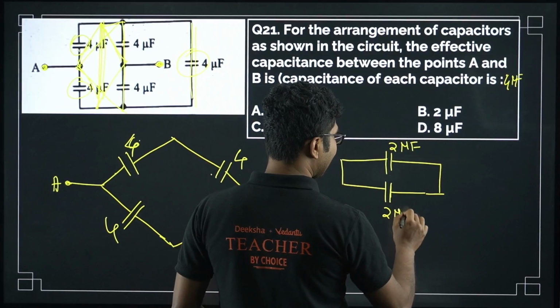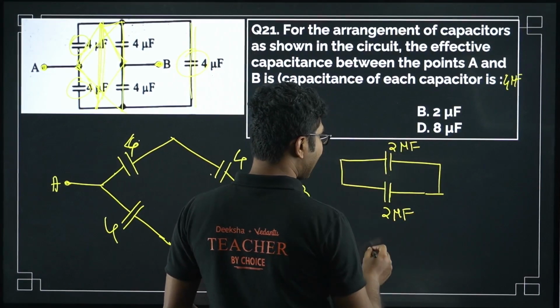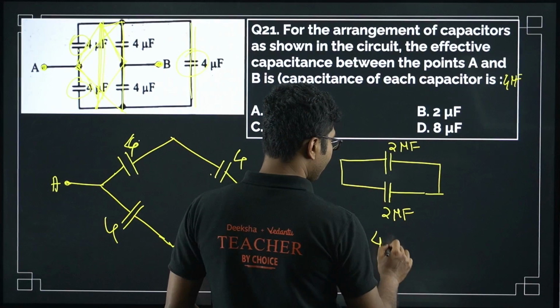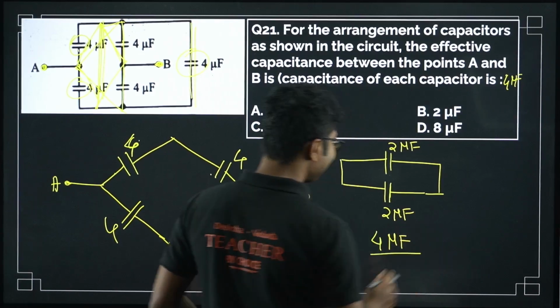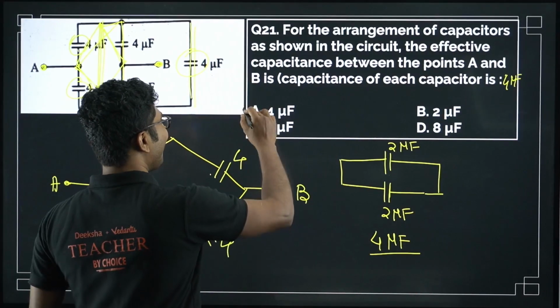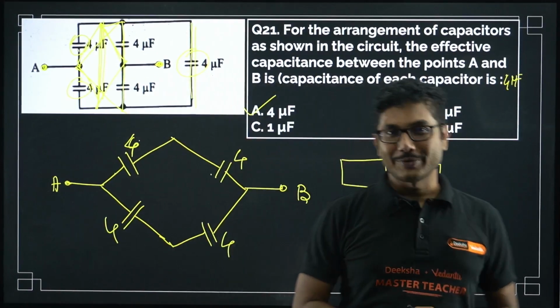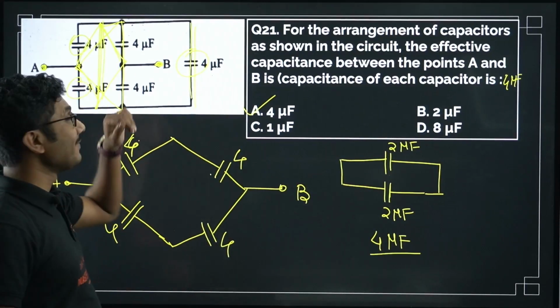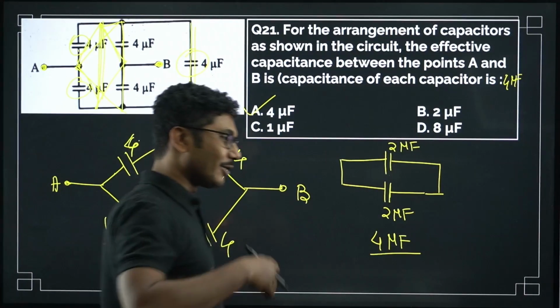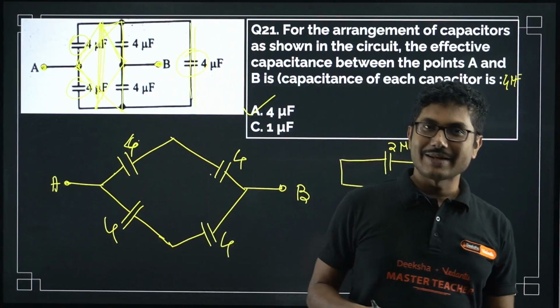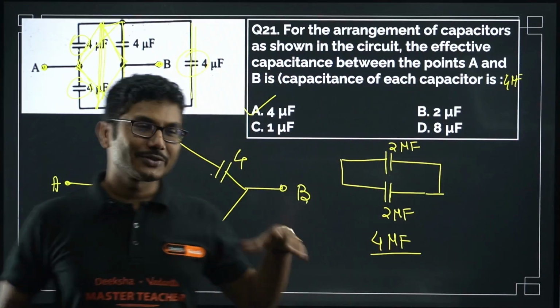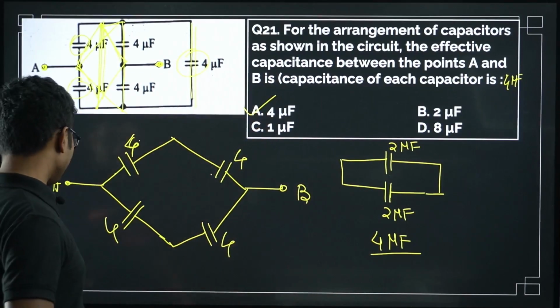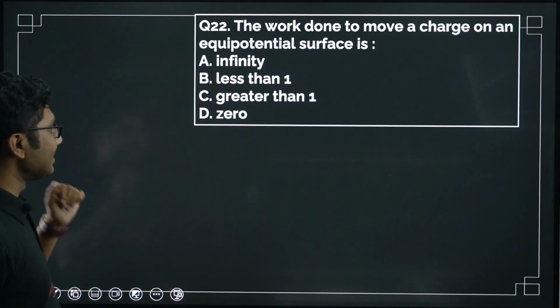Now they are connected in parallel, so they get added, 2 plus 2 is 4, so the equivalent capacitance is 4 microfarad. So all comes down to 4 microfarad. If you see a similar question in any other problem, say they have given the value 100 or 5 or 6 or 7, whatever value they give, you should know that after solving it, it should come to the same value, only if it is like this.